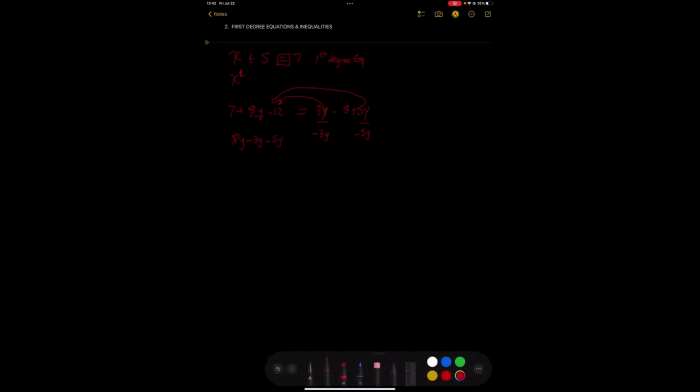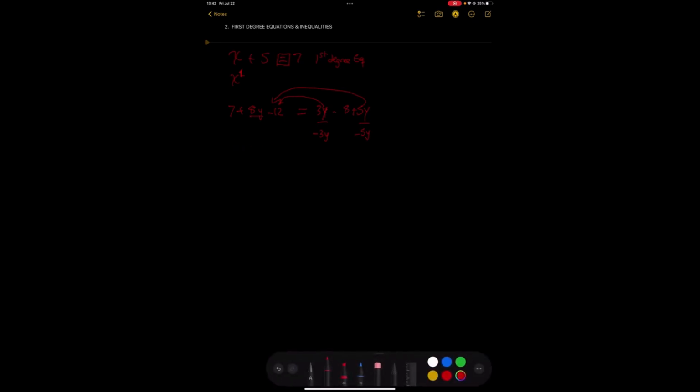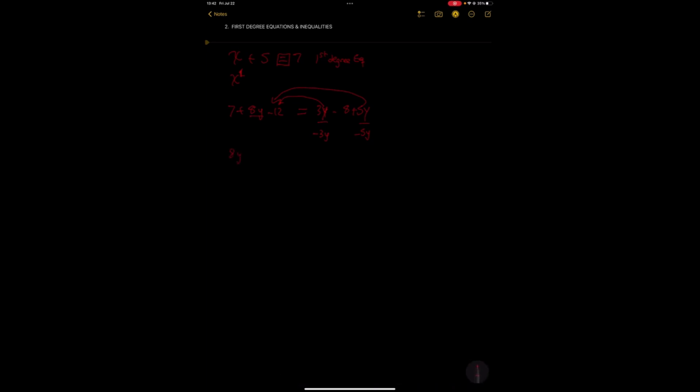So that means now I have 8y minus 3y minus 5y equals, now I've got a minus 8, so minus 8 stays here. Now I'm going to move the 7 to this side.